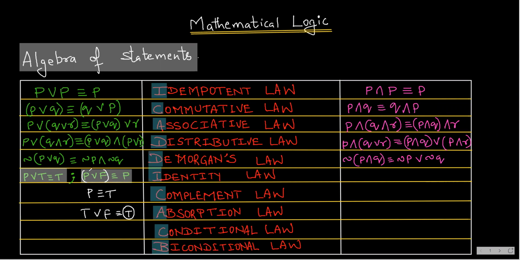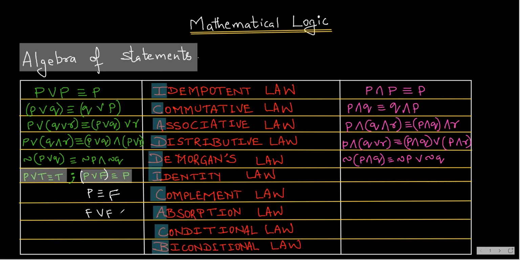So the truth value of P or false will always be the truth value of P. See, when P was true, P or false is true. Next, let me have the truth value of P as false this time. If P is false, the left hand side will become false or false.